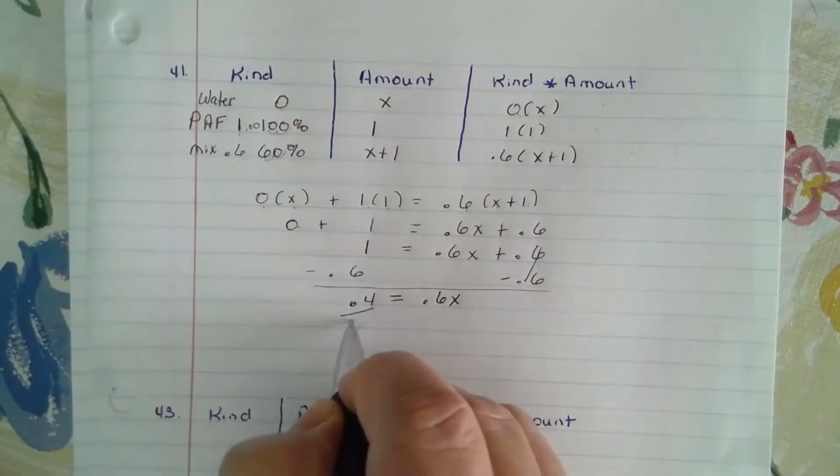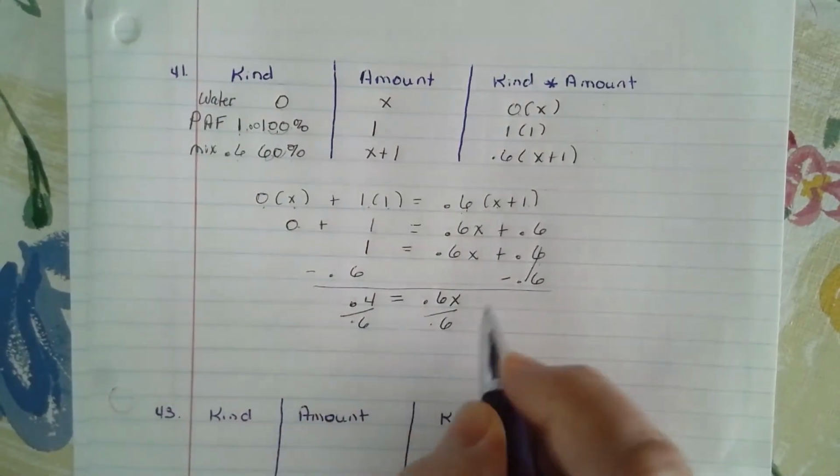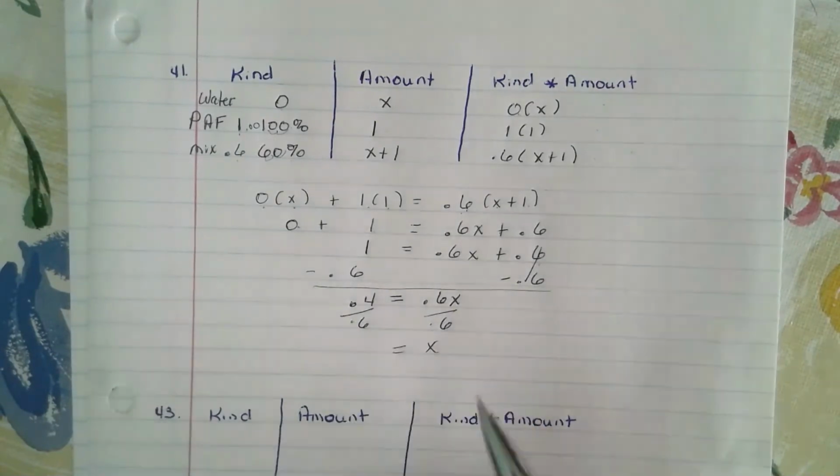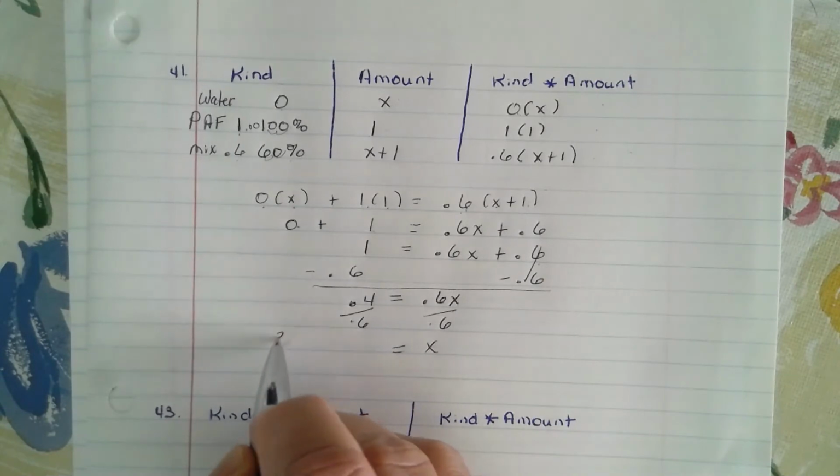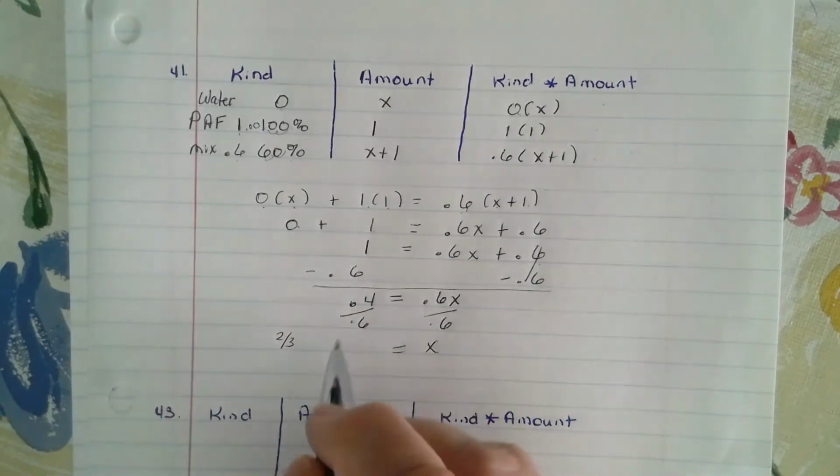When you divide by 0.6, you get either 4/6, which is 2/3, or if you do it on the calculator, you get 0.6 repeating.